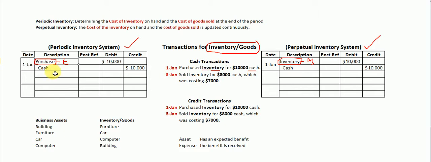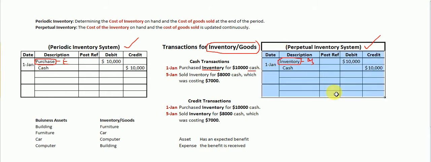So why are we doing so? Because the periodic inventory system is used for small businesses, like utility stores or shops, those dealing in small items in small quantities. But the other system is used in big scale businesses.